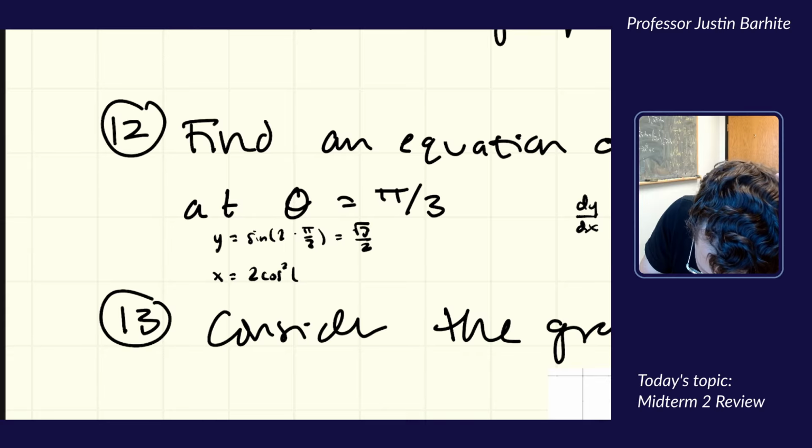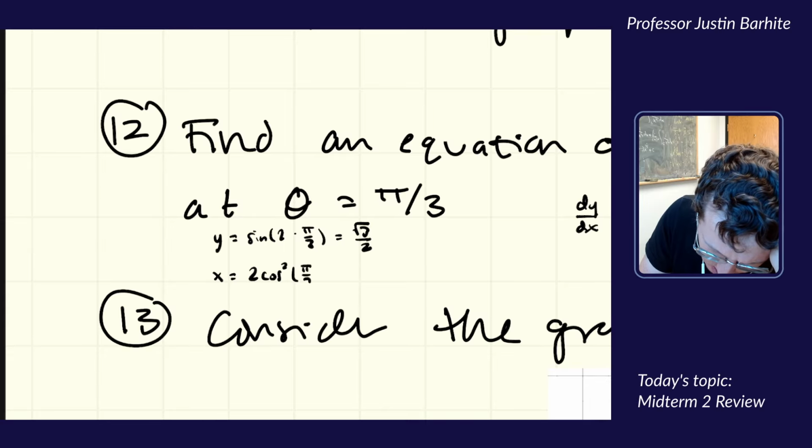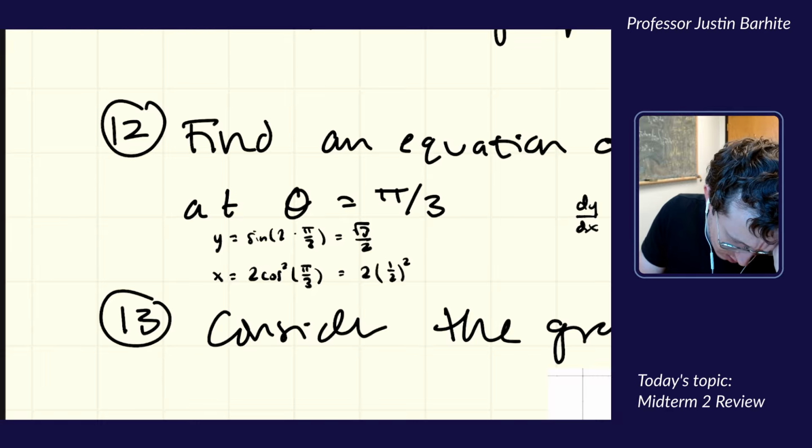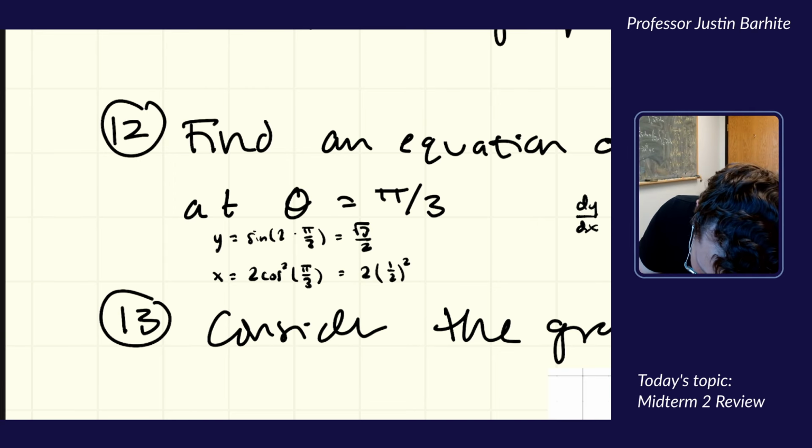And theta is pi over 3. So that's 2 times 1/2 squared. Cosine of pi over 3 is 1/2. So this comes out to 1/2.